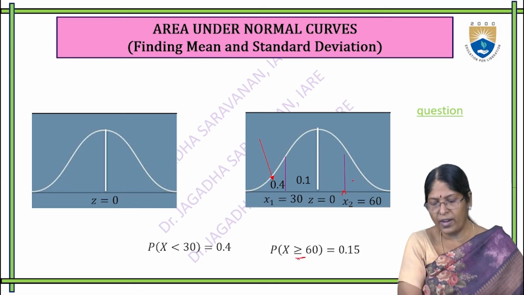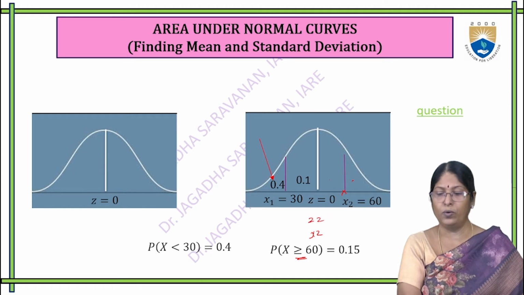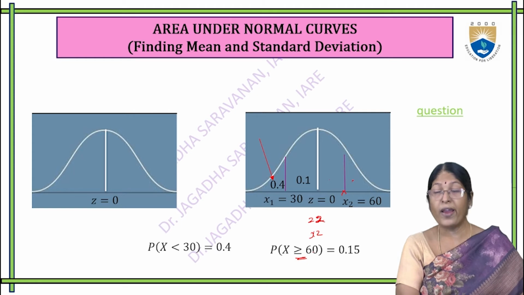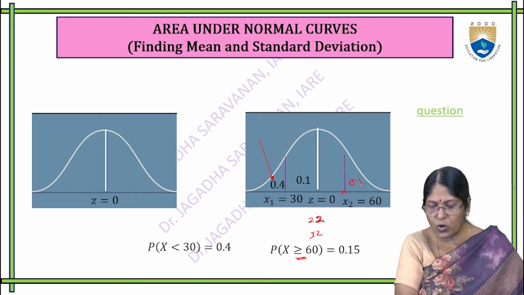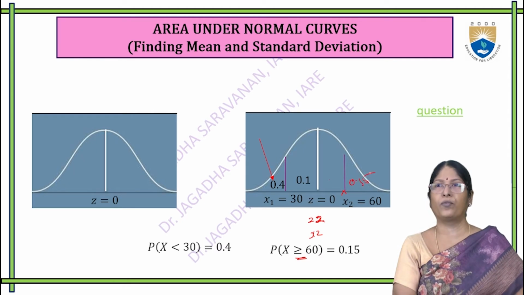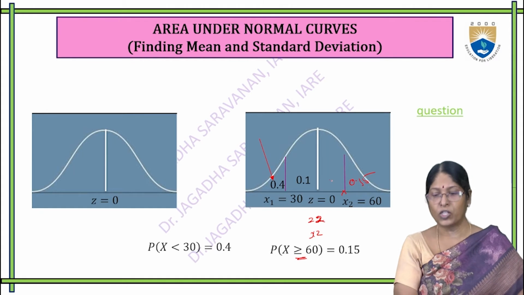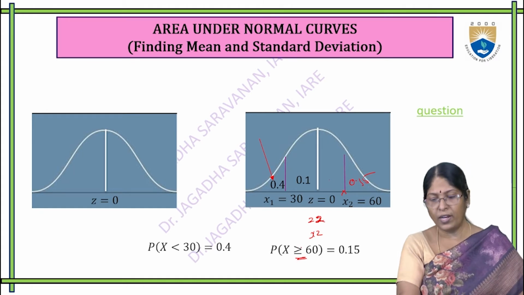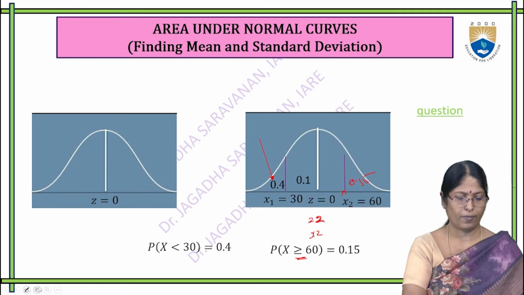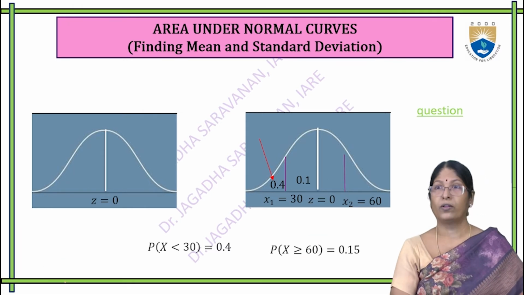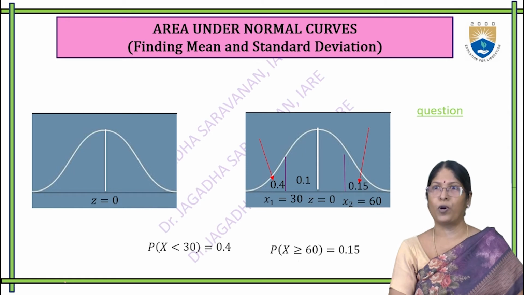It is clearly 60, the name is x2, and that x2 only is going to become z2, on the right side of z2, greater than. That is the reason here 0.15 we have written, not here. Suppose less than were there, then we would have written 0.15 here.